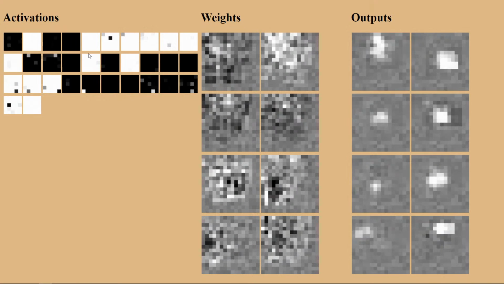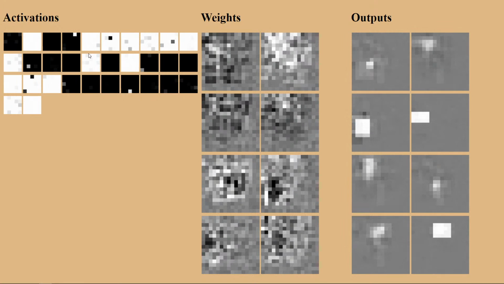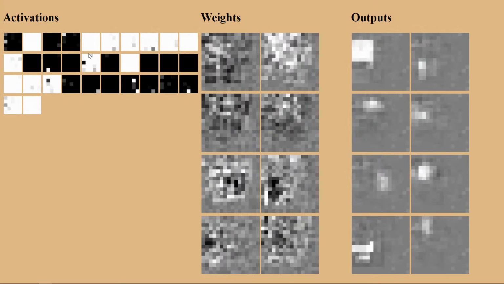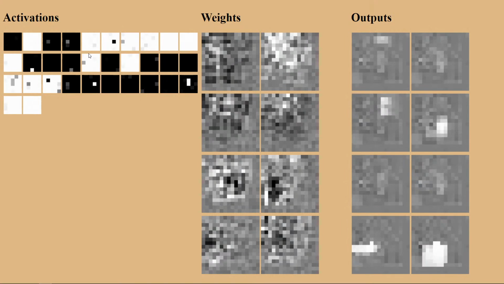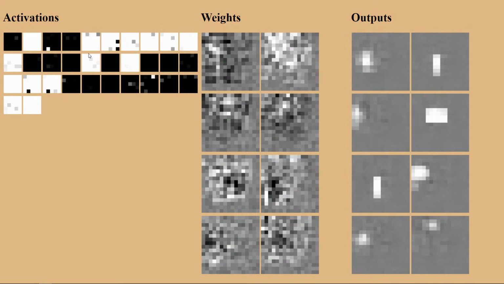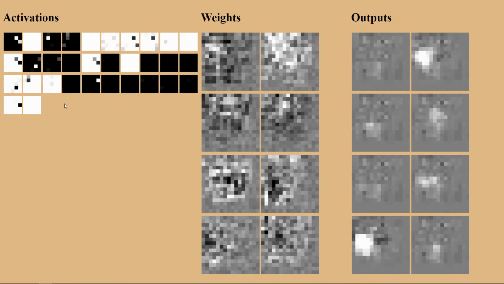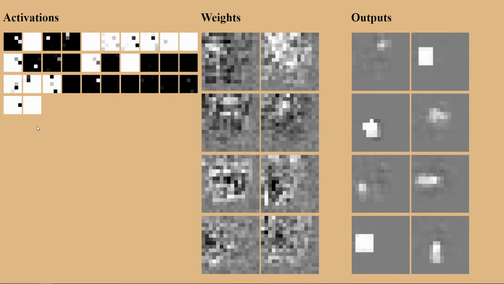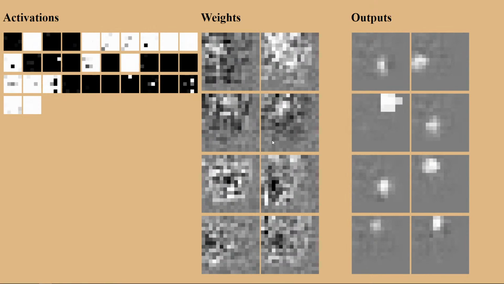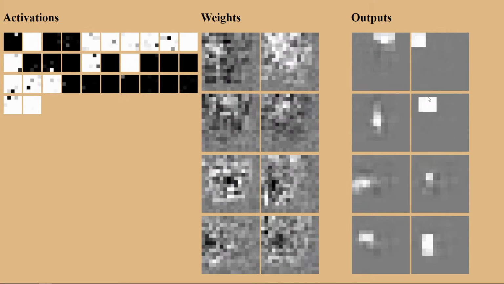And they seem to be saturating. One thing that would be good to do would be to display the minimum and maximum activations, and also the min-max values for the weights and the min-max values for the outputs.